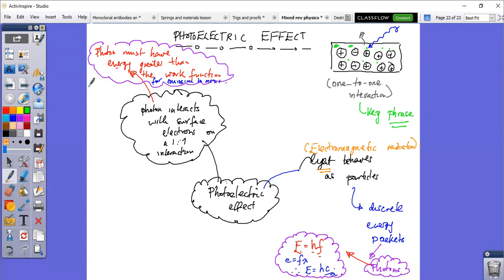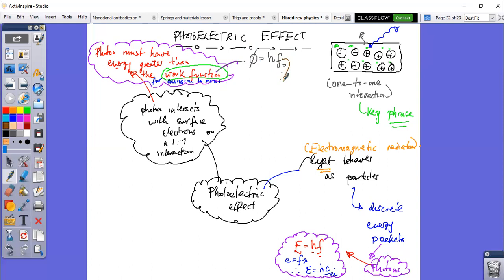So what is this work function? Is it the minimum amount of energy for a photon to liberate an electron from the surface of the metal? You're absolutely right. And that can be found out using the formula. The work function is given the symbol phi, and this is given by multiplying Planck's constant with something known as the threshold frequency, which I've labeled as f naught.